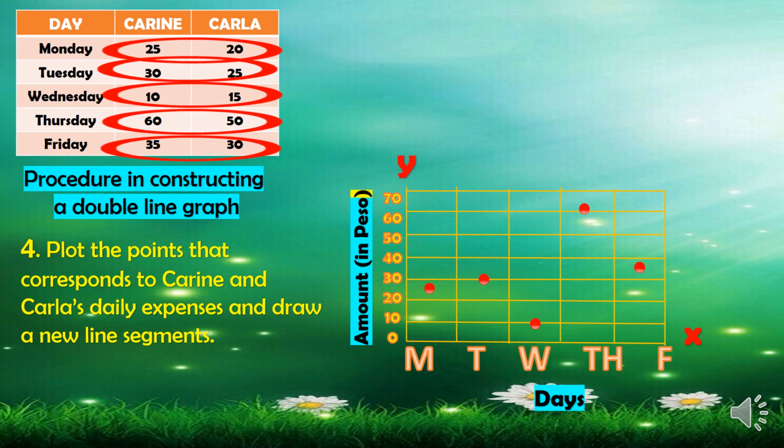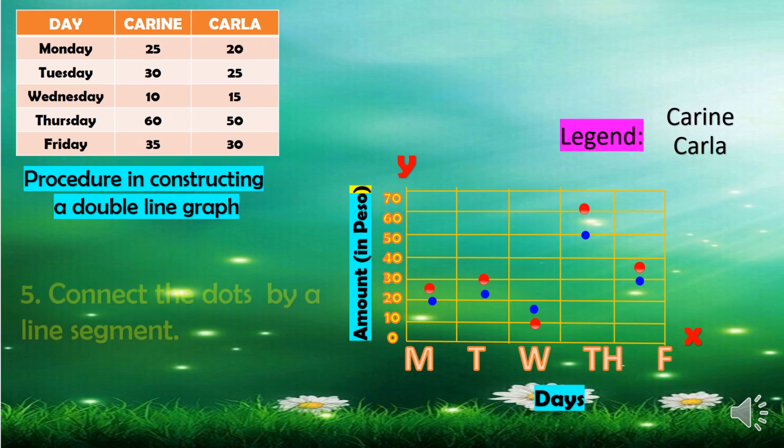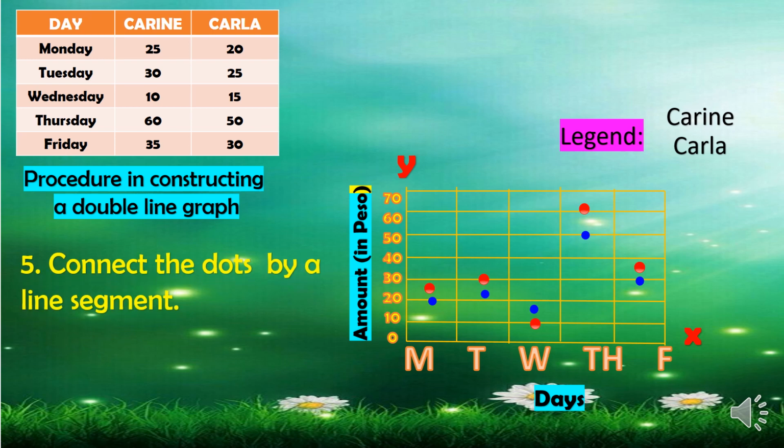That is for Karine. Then for Carla, we have 20, then 25, 15, 50, and then 30. So connect the dots by a line segment. So let us first connect the expenses of Karine.